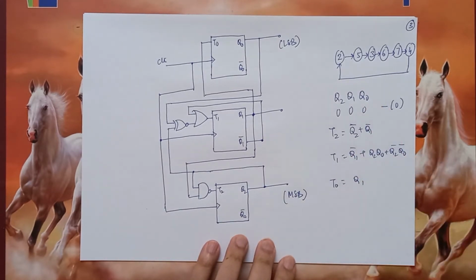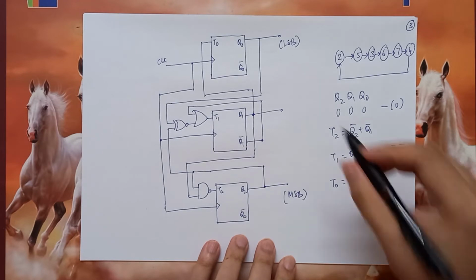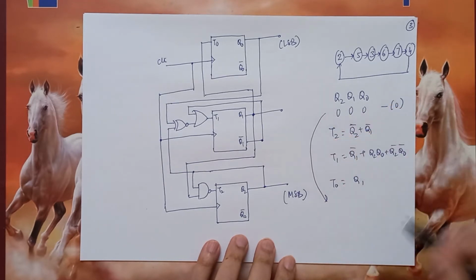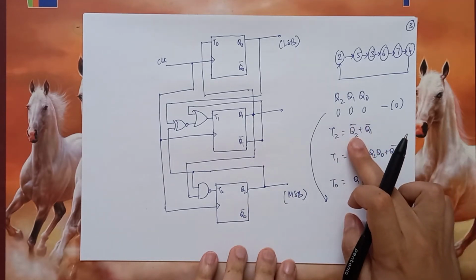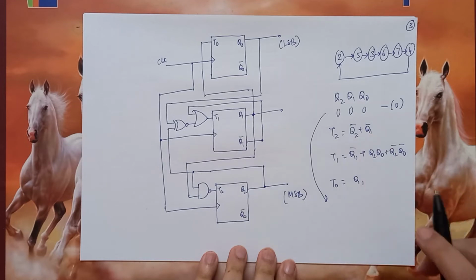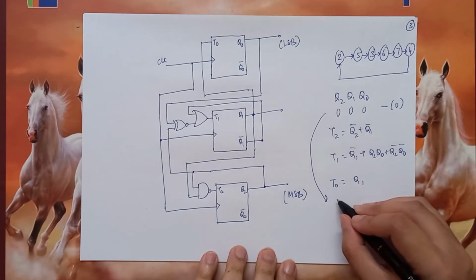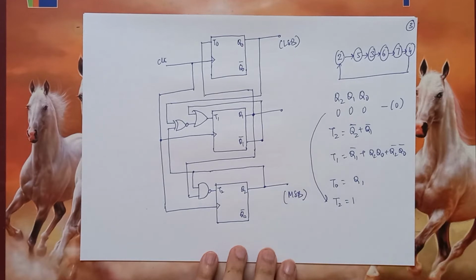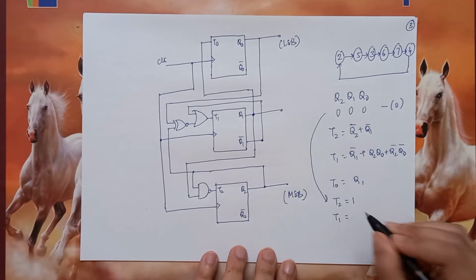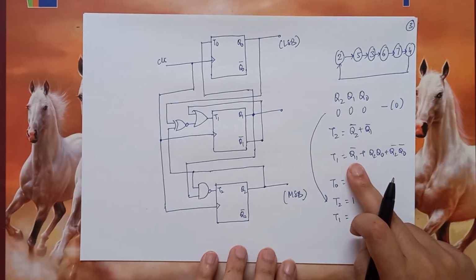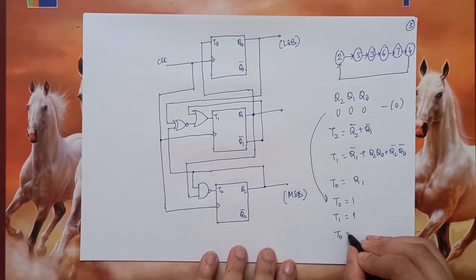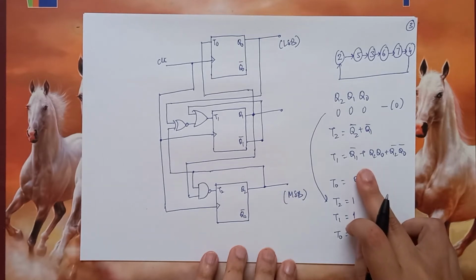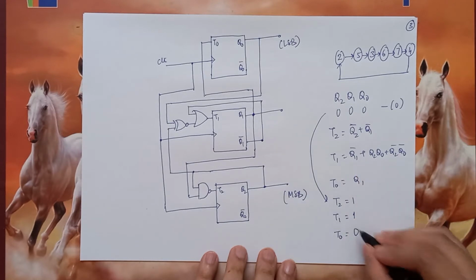So if this is 0, 0, 0, T2 will be what? Q2 bar plus Q1 bar. That means T2 will be 1. T1 will be Q1 bar, that is 1 plus something, so it will always be 1. And T0 is Q1, which will be 0.